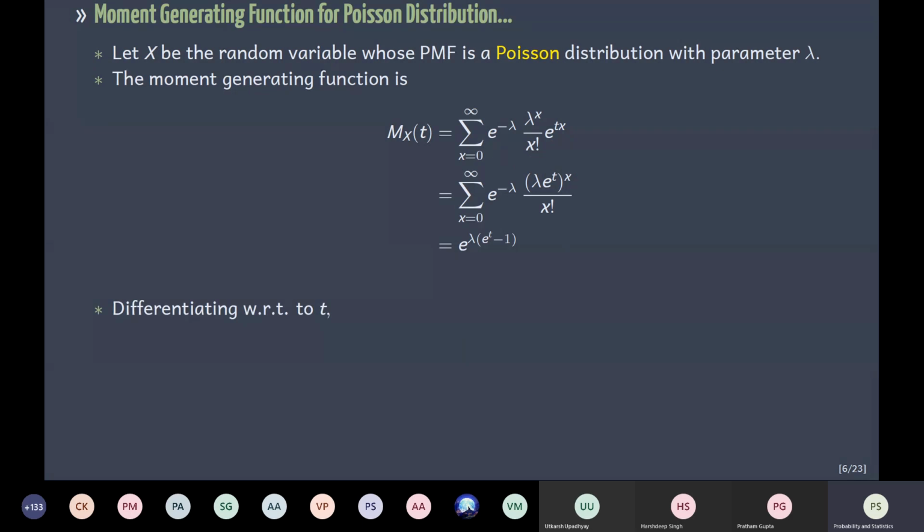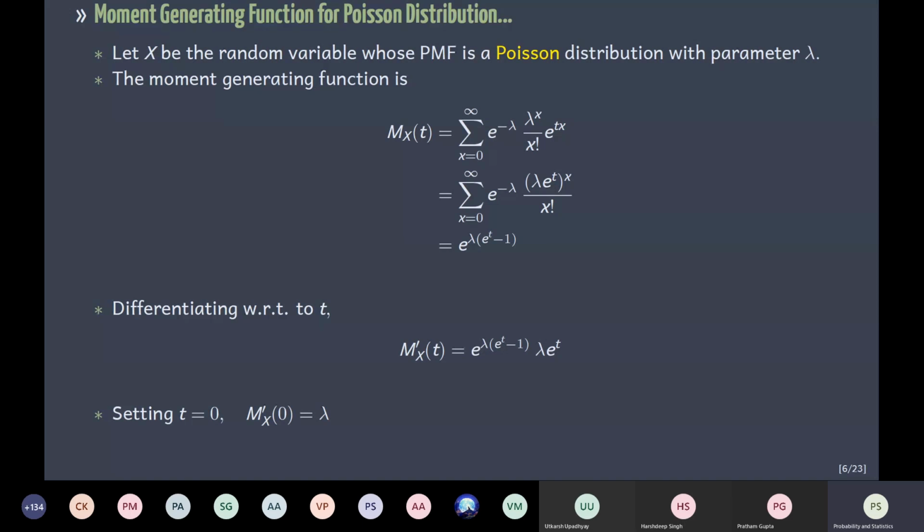Now if we again differentiate this with respect to t, then we get this. Recall calculus, how to differentiate this with respect to t. This is like a chain rule. If I differentiate this, then we have e to the lambda (e to the t minus 1), and then I have to differentiate this part. The differentiation of this part with respect to t will be just lambda e to the t.